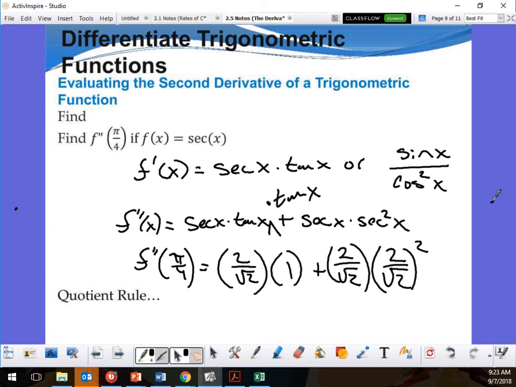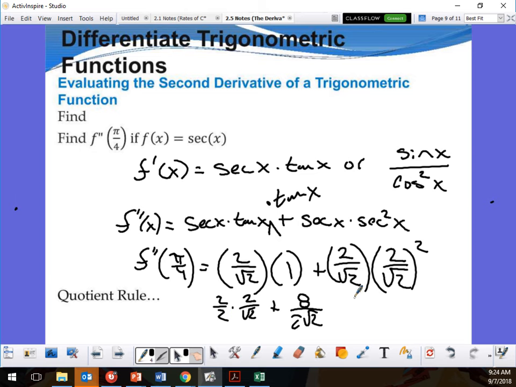Alright, so going through, this is going to be 2 over rad 2, and it's going to become a plus, that's going to be 4, that's going to be 8, so 8 over 2 rad 2. Okay, so let me see, multiply this by 2 over 2, so 2 rad 2 over 2.